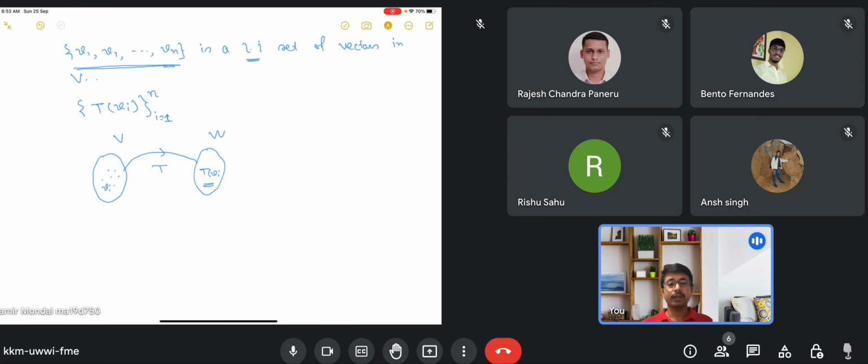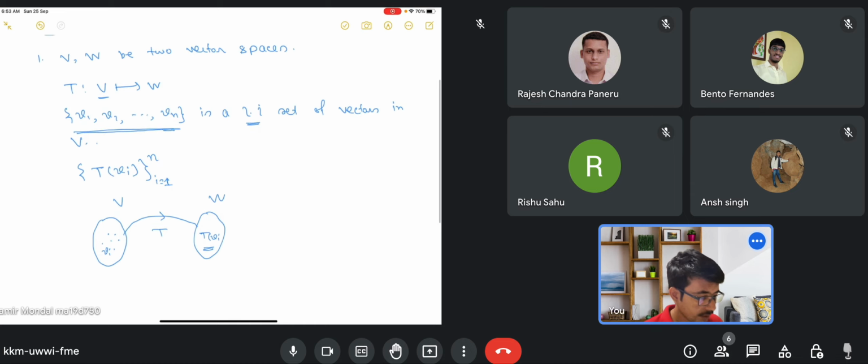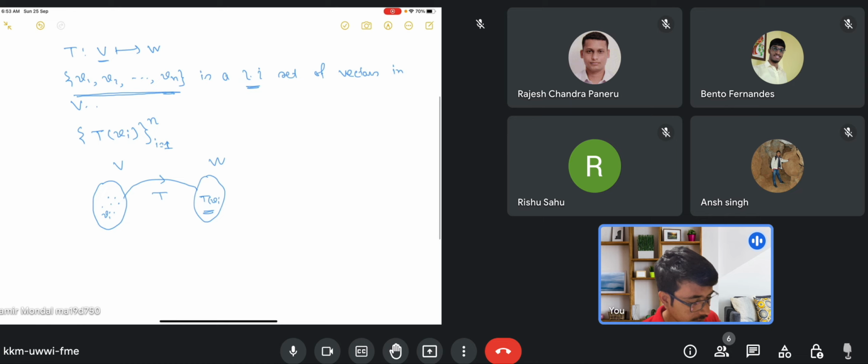So what can we say about this? Is it linearly independent or not? True or false? Please tell me, what is the answer? Please try.